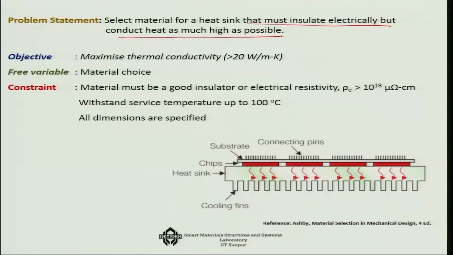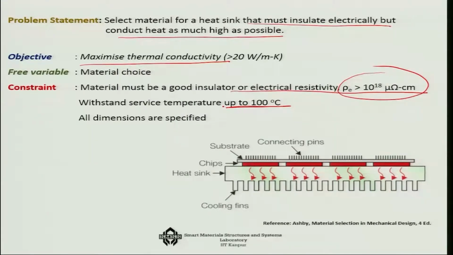In other words, you have to maximize the thermal conductivity but minimize the electrical conductivity, or at least say the resistivity is greater than 10 to the power 18 micro ohm centimeter. Also, the temperature it has to withstand is something like 100 degrees centigrade.